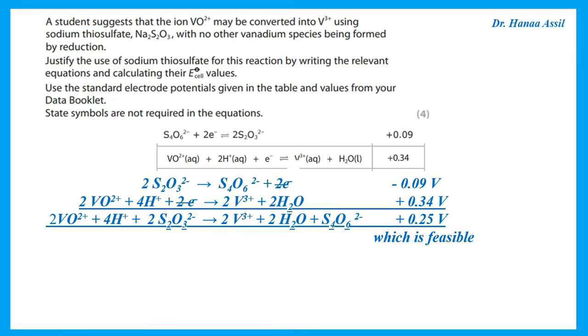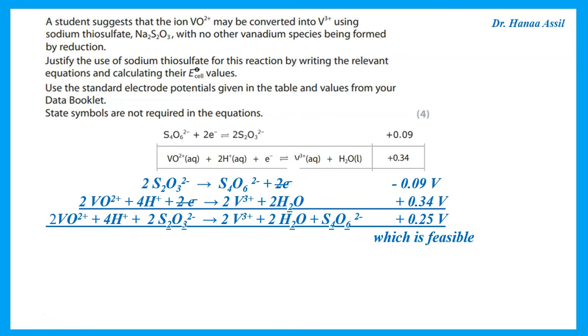Now, if we invert that first equation, then the E is minus 0.09. We add the other one, the overall of that E cell is plus 0.25, so that reaction is feasible.